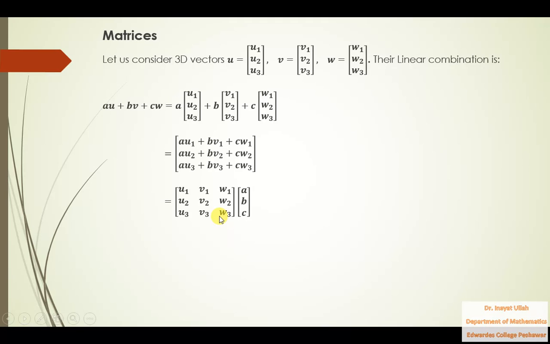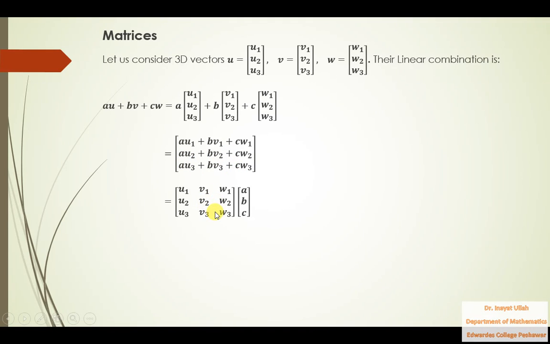If you multiply these matrices, how could we multiply this row with this column vector? That will become au1 plus bv1 plus cw1, the first row. Similarly au2 plus bv2 plus cw2 is the second row, and similarly the third one.